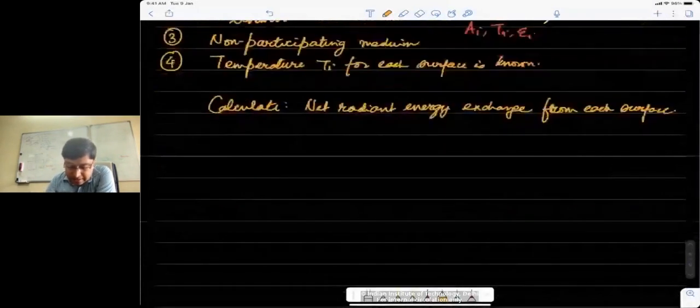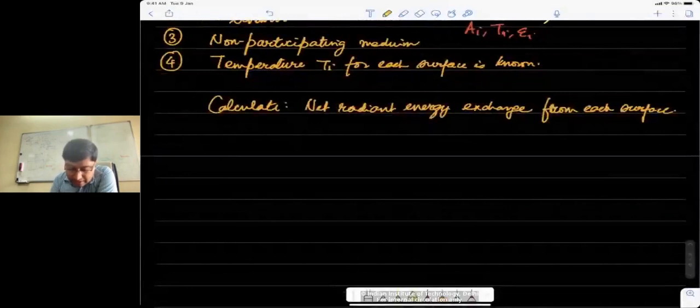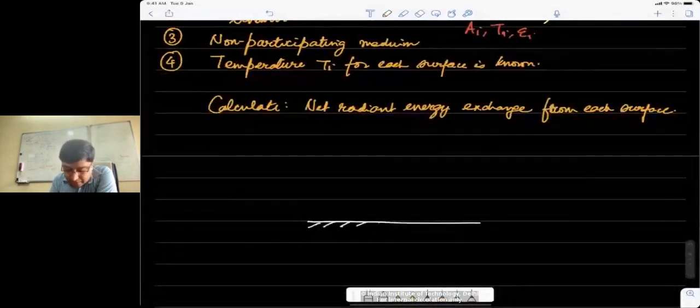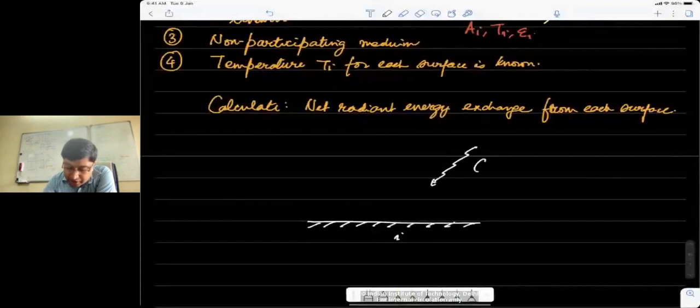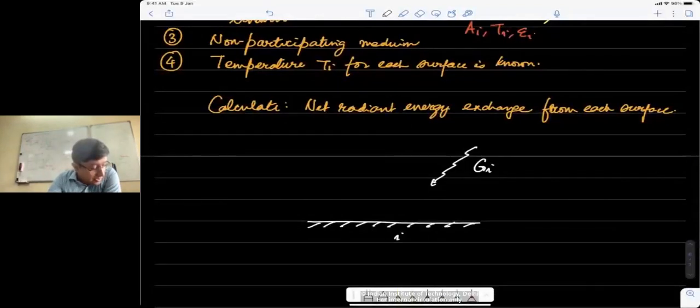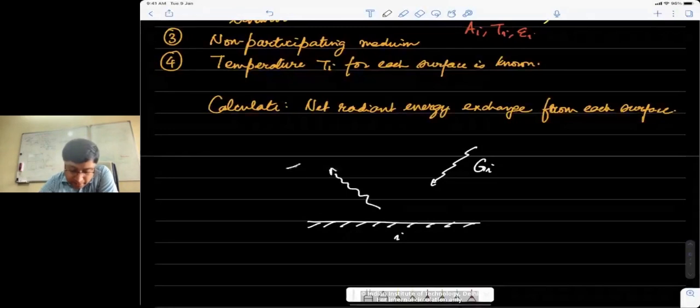So the way to do this is as follows. Let's say we look at surface i. Let's say this is surface i in the enclosure. So it is getting some irradiation Gi from the rest of the surfaces in the enclosure, and it is also going to give out some radiosity Ji.